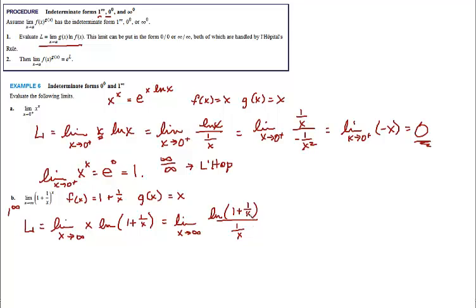Now I'll be able to use L'Hopital's rule, because now I'm going to have, I'll put in an infinity here, that'll be a 0, natural log of 1, that's a 0, put in an infinity here, that's a 0, I have a 0 over 0 form, so I can use L'Hopital for this at this juncture here.